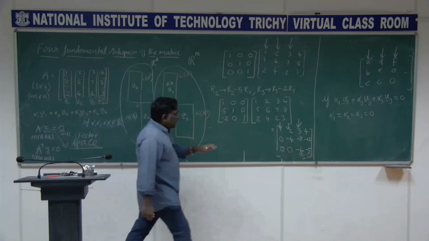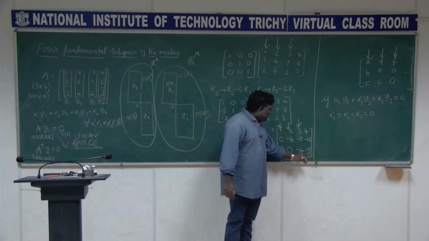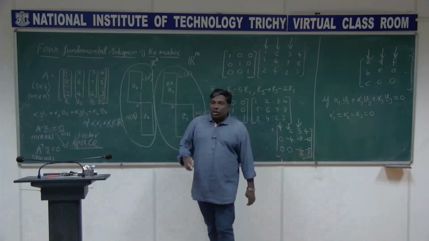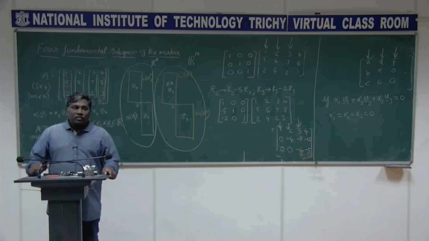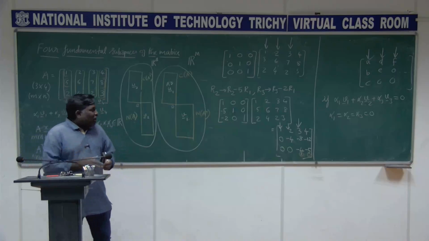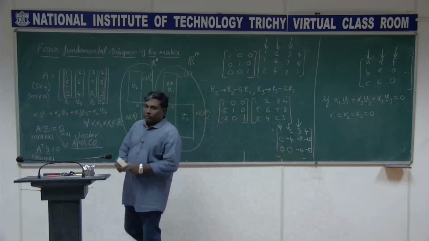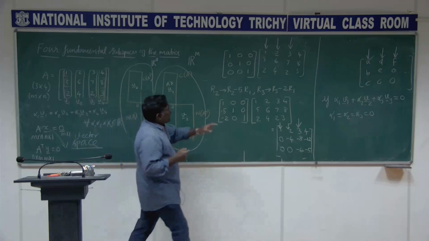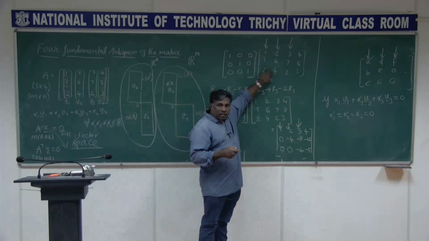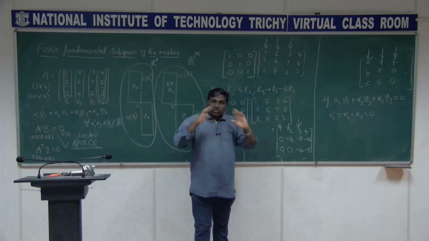Instead of -4 and -5, if it happens to be 0 and 0, you are not having 3 pivot columns, you are having only 2 pivot columns. So they are all the independent ones. So these pivot columns are independent. So the corresponding columns of the matrix A, I am looking back again at this one, they are also independent.